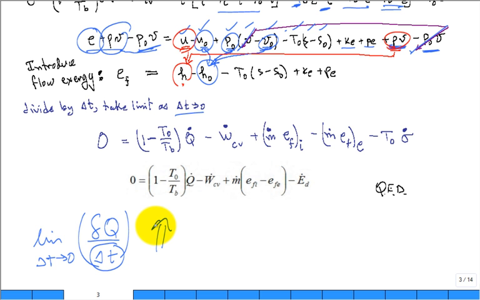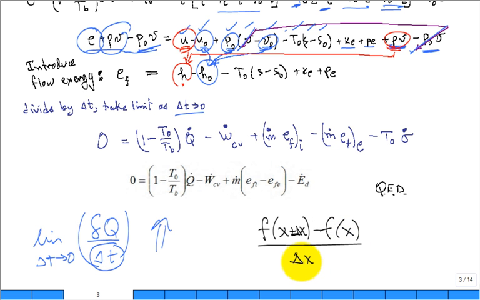Remember that in calculus? You say, let's see, I have f at x plus delta x minus the function at x, and I'm going to divide by delta x, and then they said, take the limit as delta x goes to 0. What do you get? You said, I'm smart. I learned you can't divide by 0, and you're going to 0, and so this goes off to infinity and is not defined.